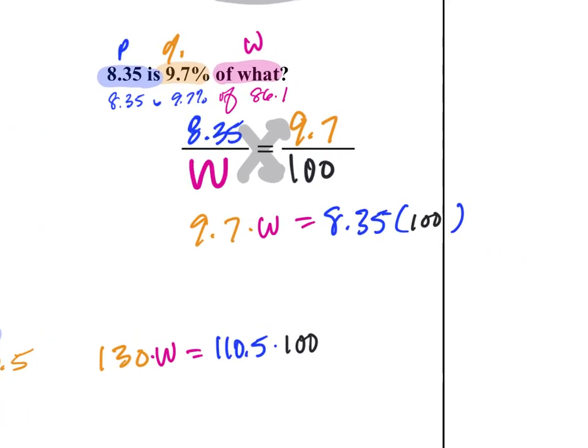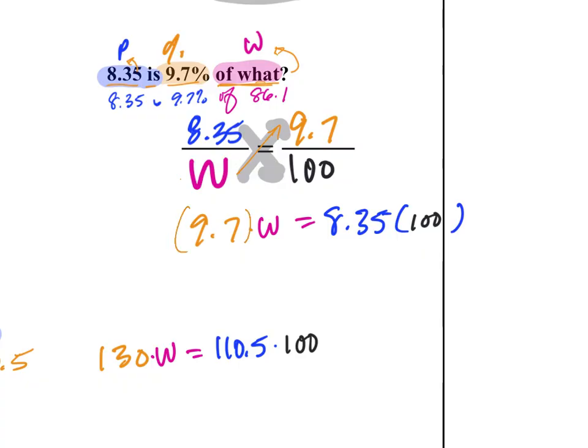Okay, so on this one, again, we set up the proportion. We looked and said the what is attached to the word of, which means we're trying to find the whole. They give us the percent, and the 8.35 is only attached to the word is, so that means it's the part. So I put things in their place. I'm solving for W. I'm going to go ahead and multiply W times 9.7.